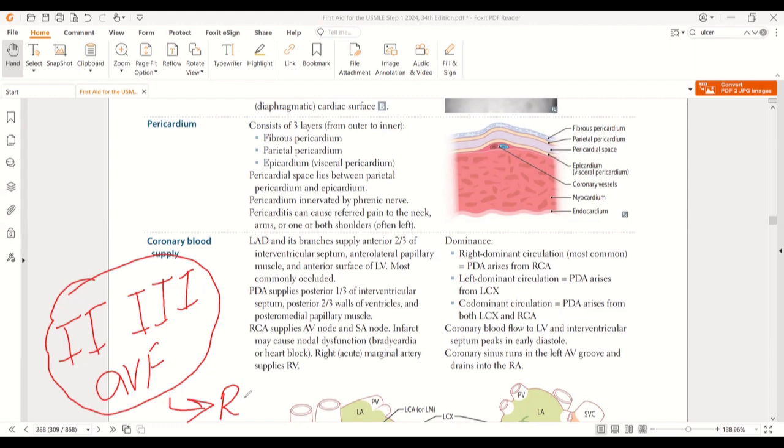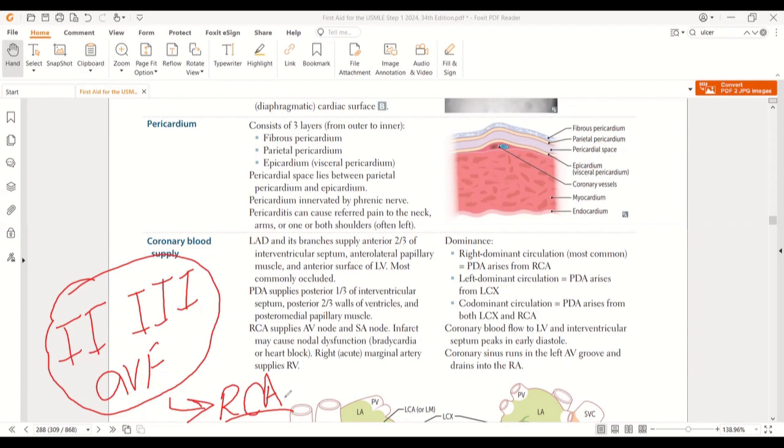In the USMLE clinical vignette of myocardial infarction, on ECG you find elevation in II, III, aVF, right? Okay. So now the next task is to identify which vessel is the culprit of this pathology. That's why we say the RCA, the right coronary artery.